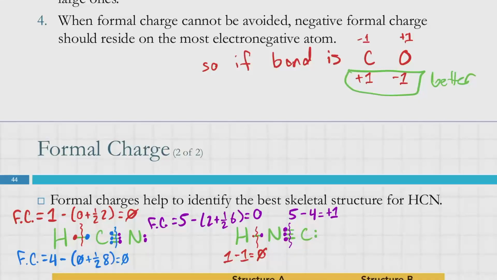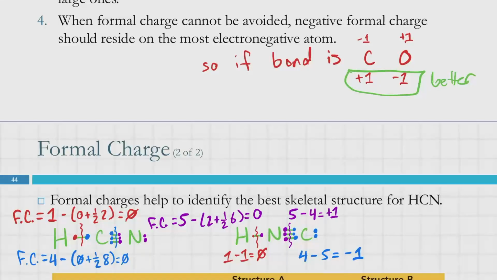Okay, and then for carbon, carbon, as we discussed earlier, wants to have 4. It's got 1, 2, 3 from the ends of the triple bond. And it's got the lone pair as well, so that's 5. So our carbon is going to have a -1 for its formal charge.